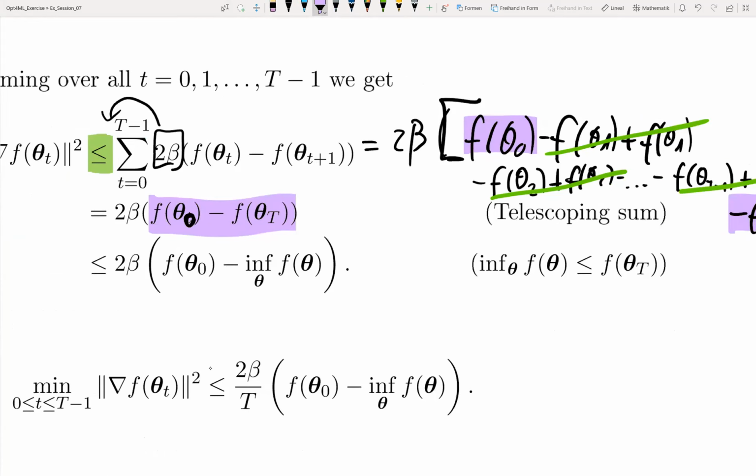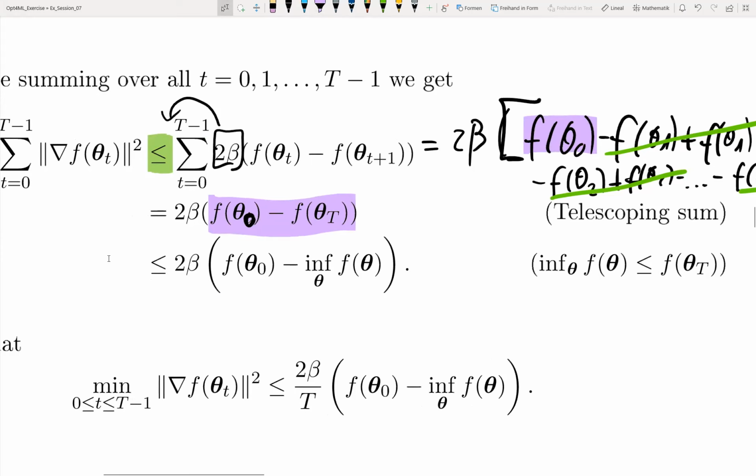So we subtract here something bigger. So if we replace it here with the infimum, we subtract something smaller, and you get a smaller than or equal relationship. And this is what we wanted.